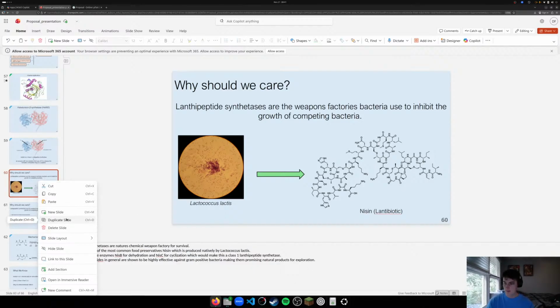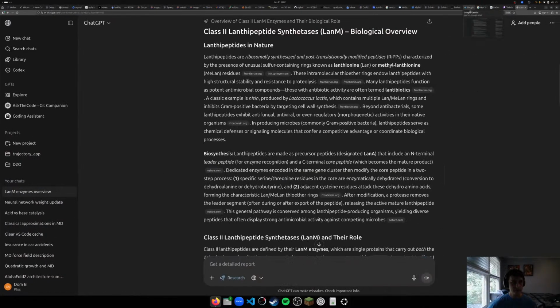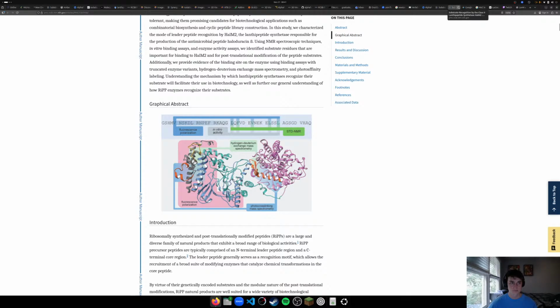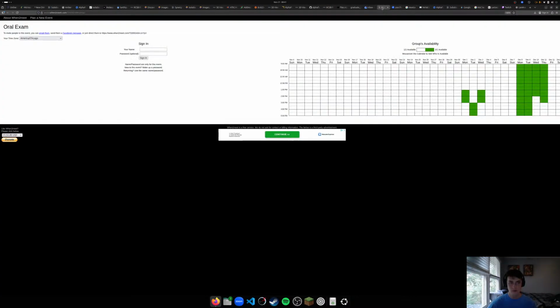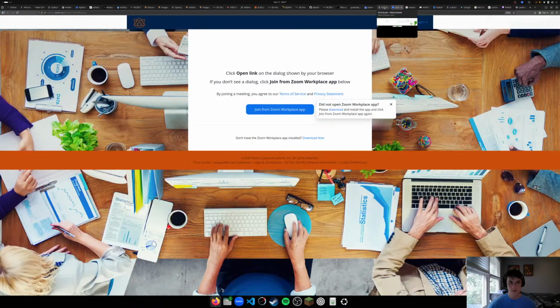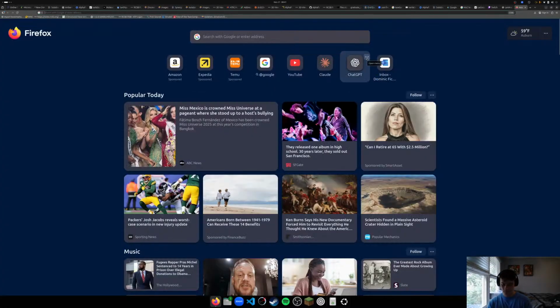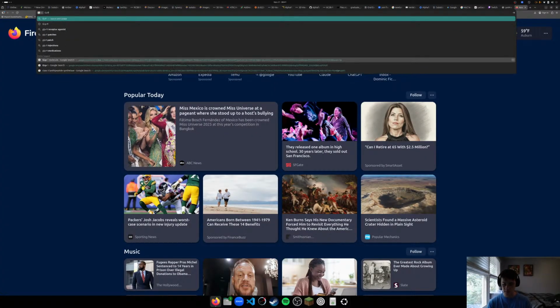And then I did want to, I think this is cool. There's this paper here. I used GLP-1, which is Ozempic.